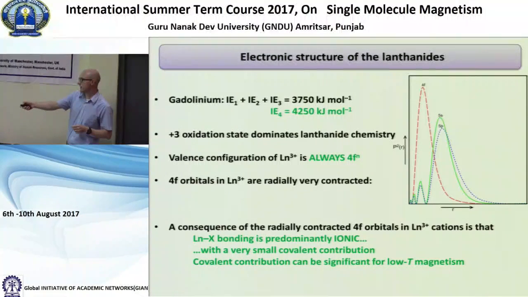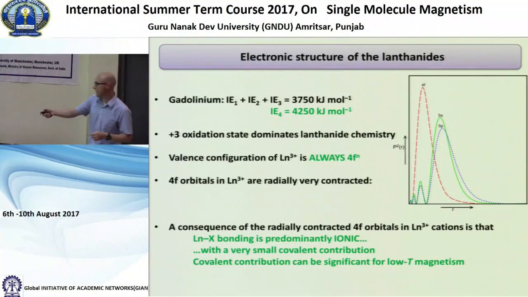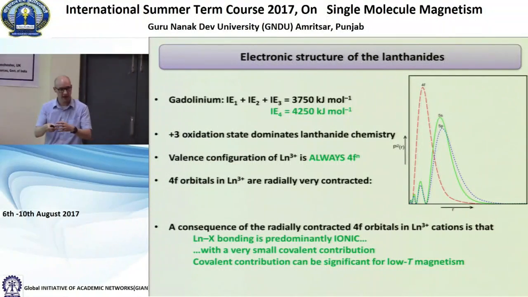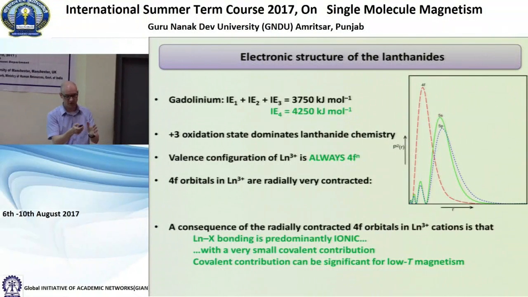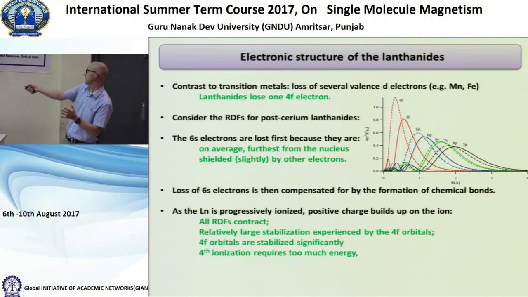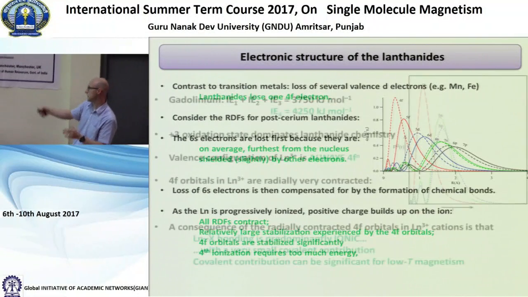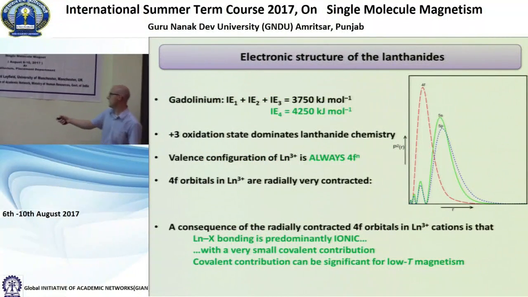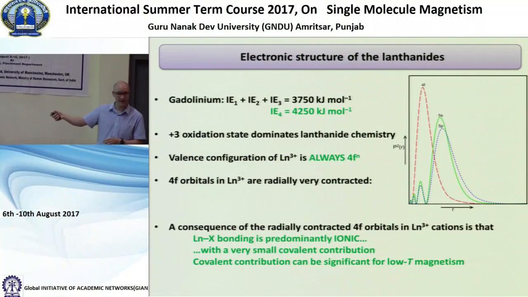Okay, so we've done the ionization. We have our cation with this configuration as well. The impact of that is that the 4f orbitals, as we've started to ionize our species, were already very contracted. I showed you that here. As a result of being ionized, they really are now very, very contracted indeed.